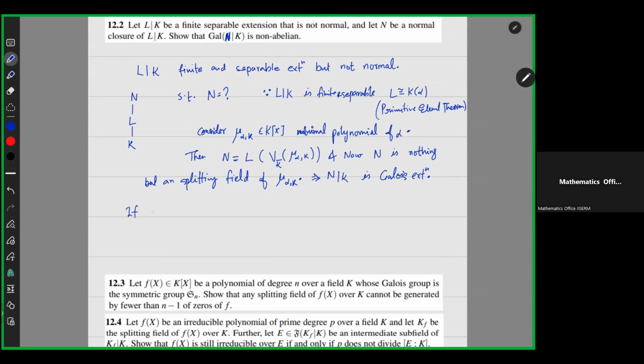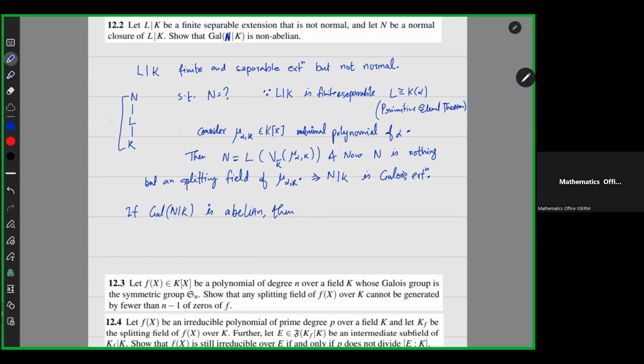Now, if the Galois group of N over K is abelian, then in an abelian group all its subgroups are normal, right?